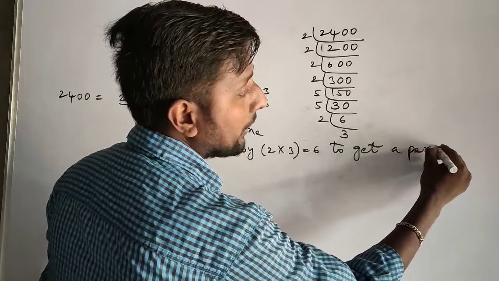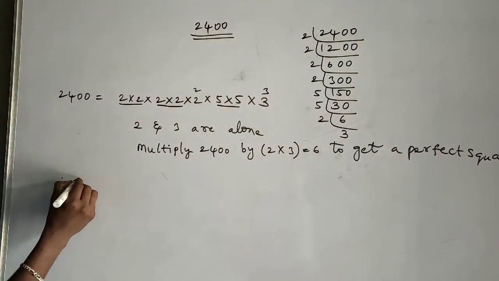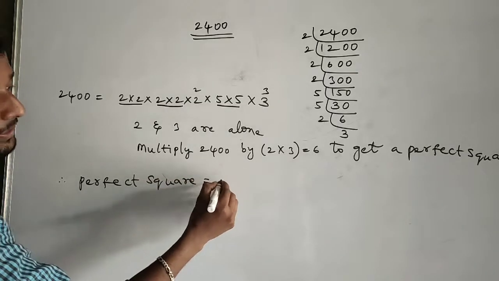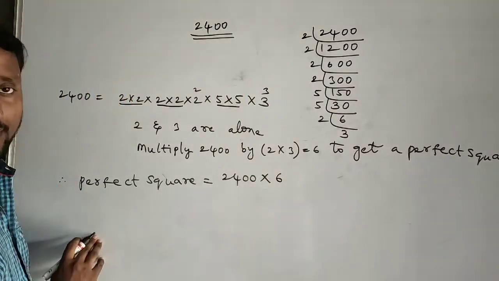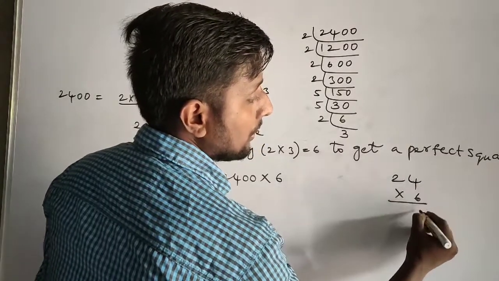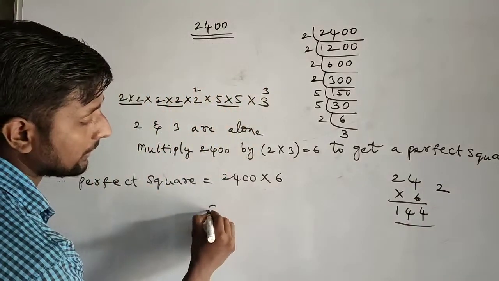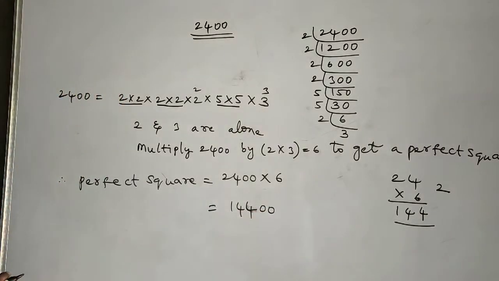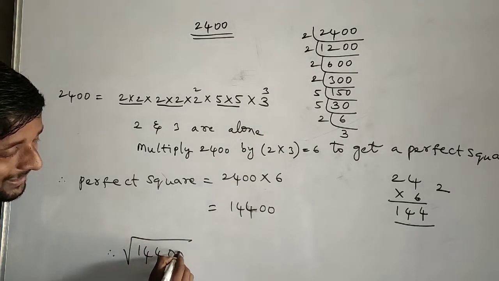So the perfect square is equal to 2400 multiplied by 6. 24 into 6: 6 4s are 24, 6 2s are 12 plus 2 is 14. So simply we'll write 144 and double zeros.